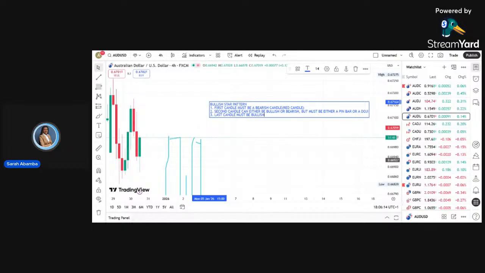If the last candle is a red or bearish candle, it is invalid. Don't trade it. That is not a star pattern, that is something else. If the first candle is a bullish candle, it is invalid. If the first candle is a bullish candle and the last candle is a bullish candle, that is not a bullish star pattern. Please don't trade it.